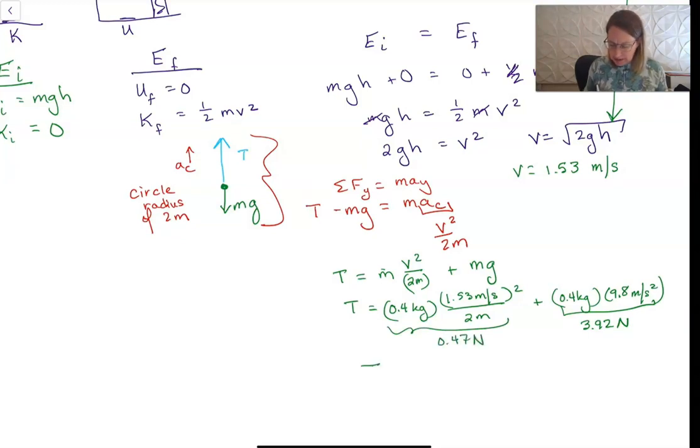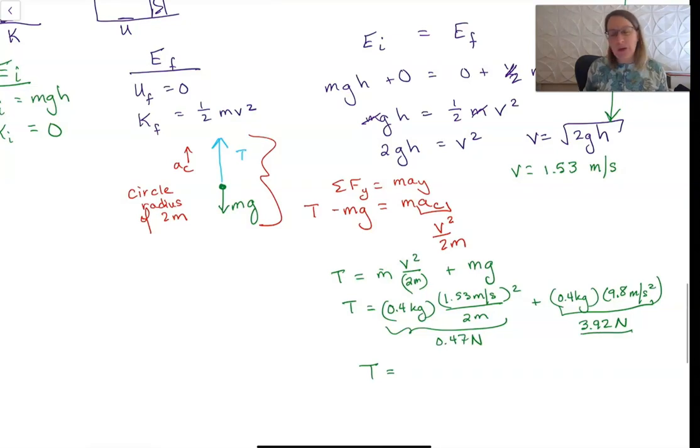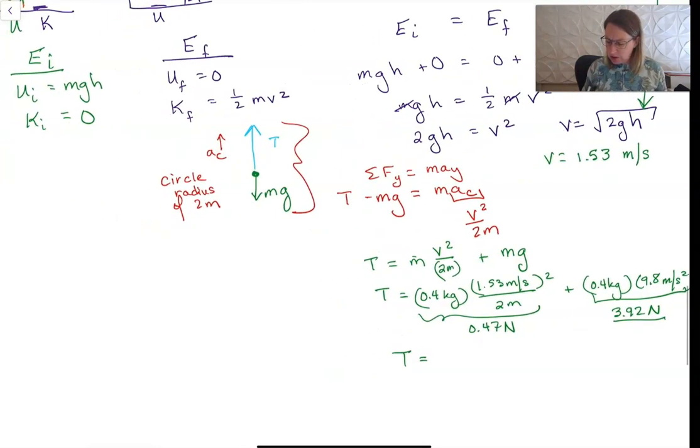So you can see that the tension is slightly bigger than the weight because it's got to provide that centripetal acceleration. So I add those two and the tension is just 4.39 newtons at the bottom. The tension is going to adjust as it needs to keep this motion.